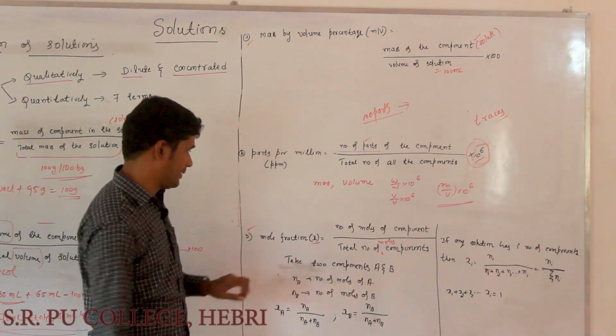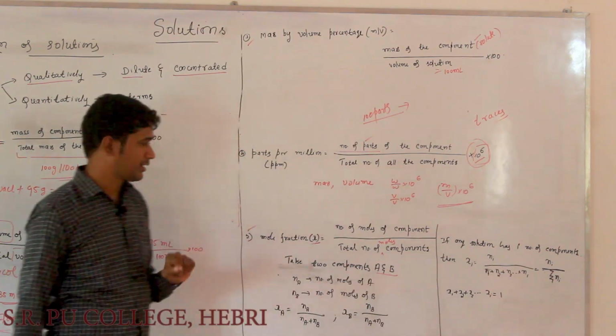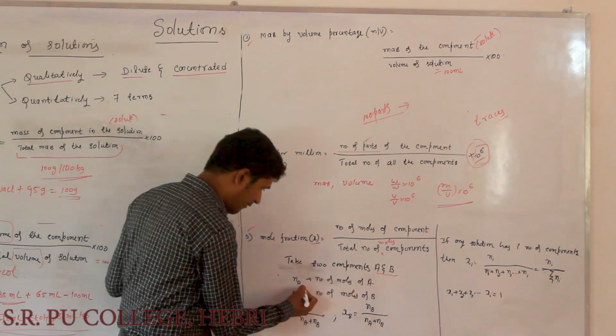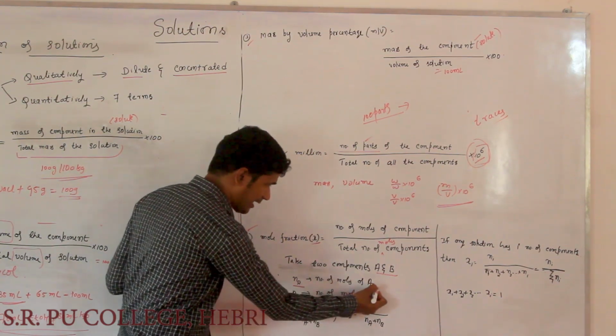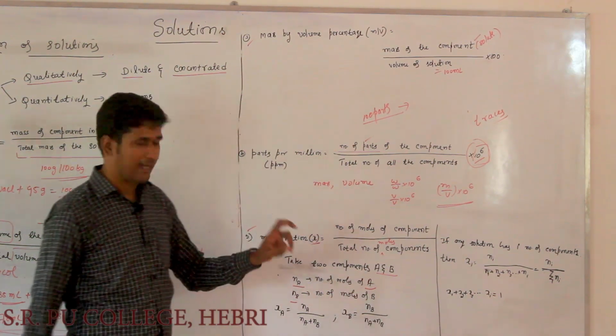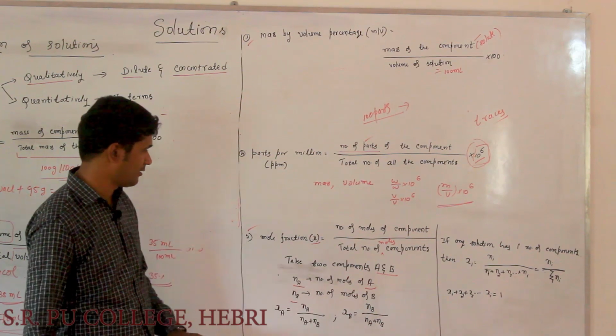I will give you one example. Take two components, A and B, in the solution. We have n of A moles of A and n of B moles of B present in the solution.